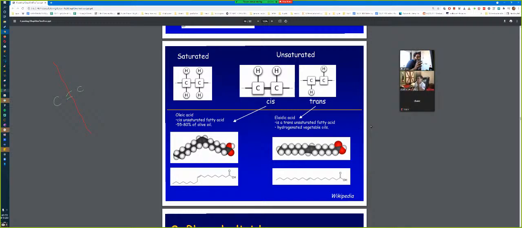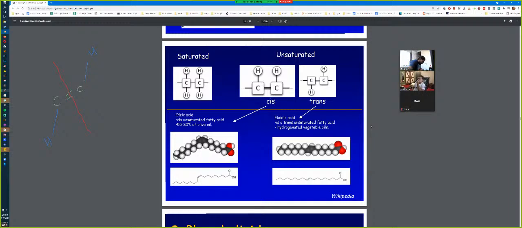If they're on the same side, it's cis. If they're on different sides, it's trans. So for example, if I have hydrogen here and hydrogen here, this over here is going to be trans because they're on opposite ends.